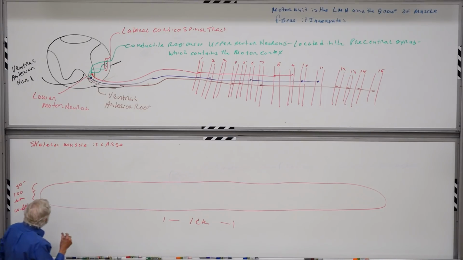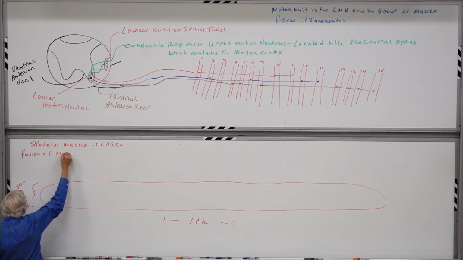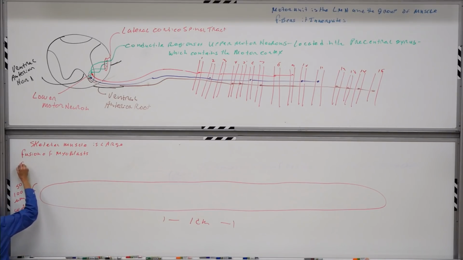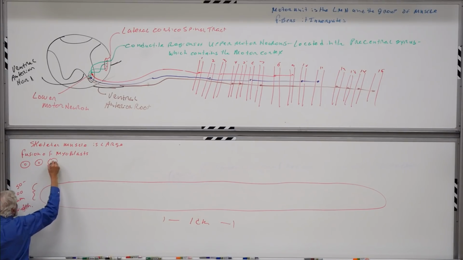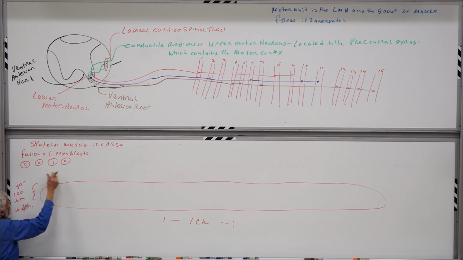Now, these muscle cells are generated from the fusion of myoblasts. So during development, we start out with individual single nucleated cells. And then as the muscle develops, these myoblasts come close together and they actually fuse one with the other.